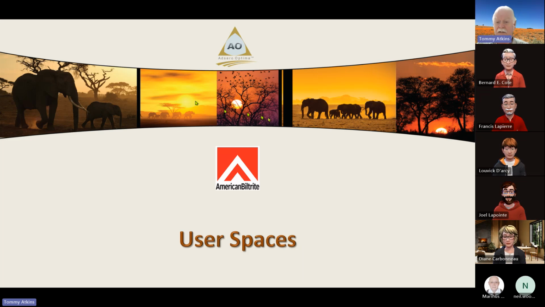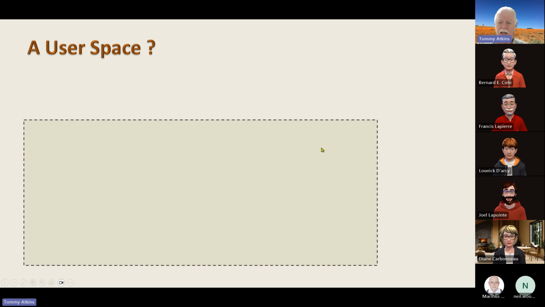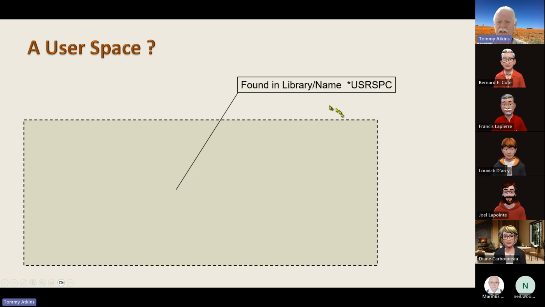So let's have a look at what is a user space. Now, it's a very difficult thing to describe. It's a space. I'm sure you got that. It has a library and name and an object type user space.